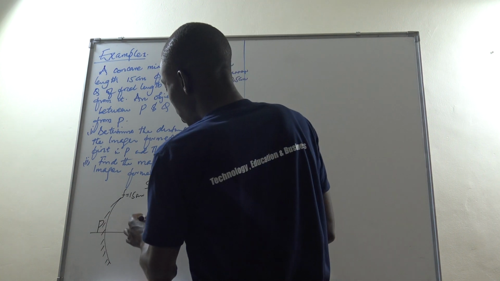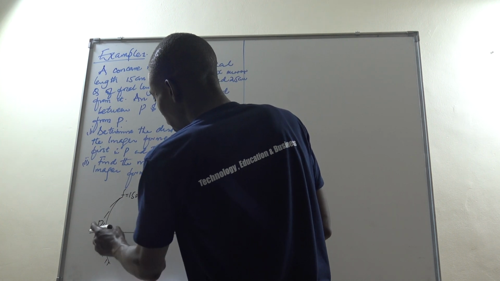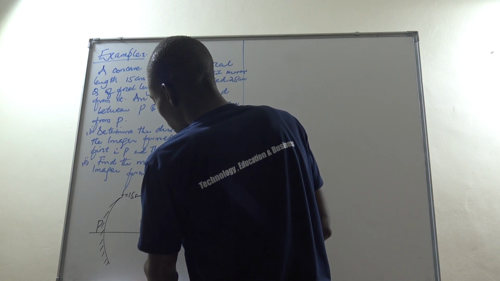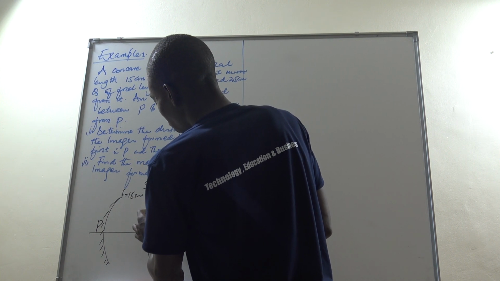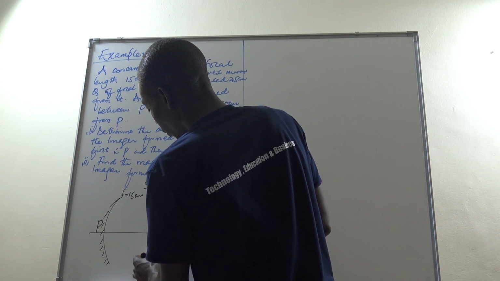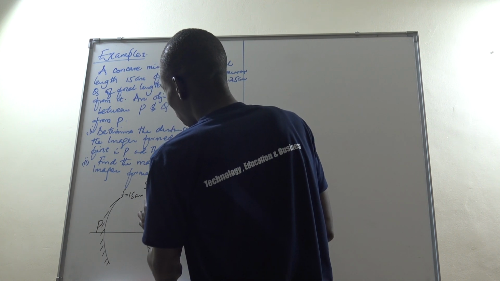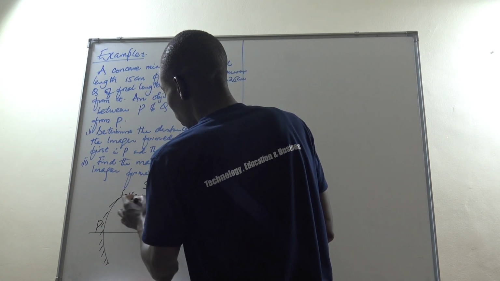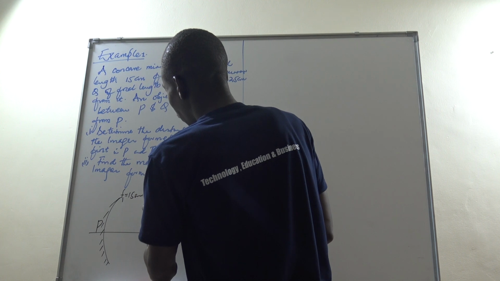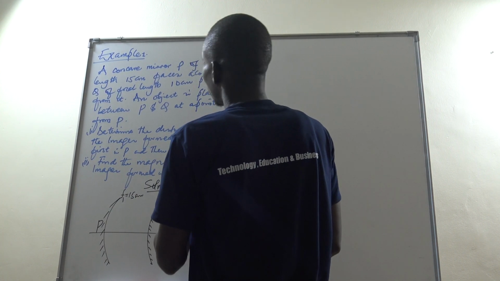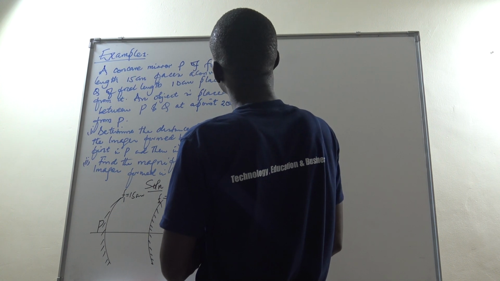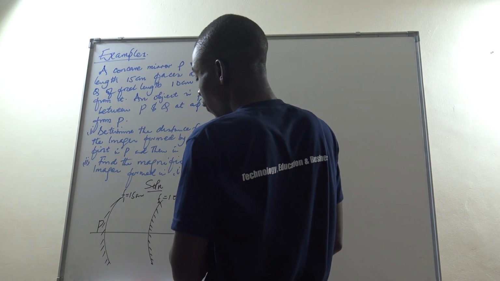So it is the first thing. In its first year we are having a convex mirror. If it is a convex mirror, its focal length here is 10 centimeters and is placed 25 from it.